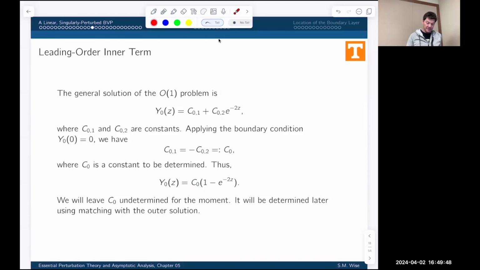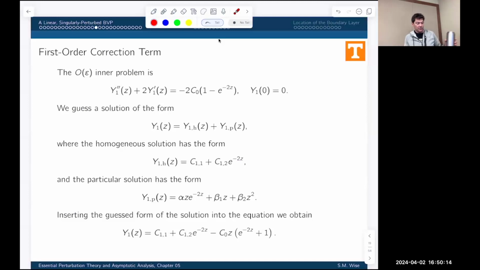One of the boundary conditions is satisfied, but otherwise the solution is determined up to that constant. So y0(z) is C0 times the quantity 1 minus e to the minus 2z. We're going to leave this C0 undetermined for the moment because we have no way of determining it yet. It's going to be determined using matching.